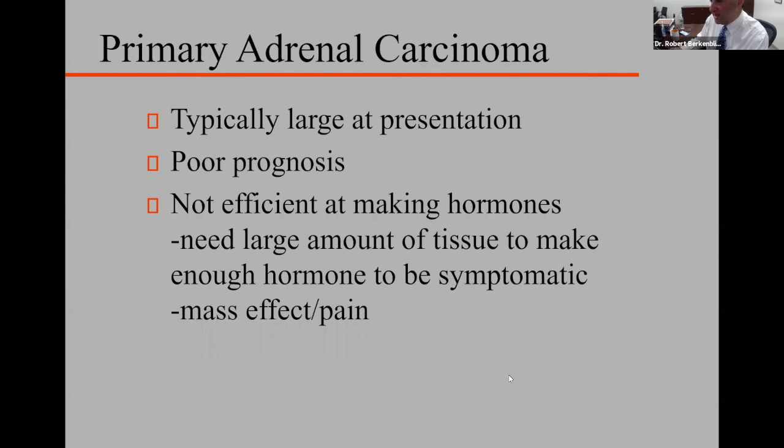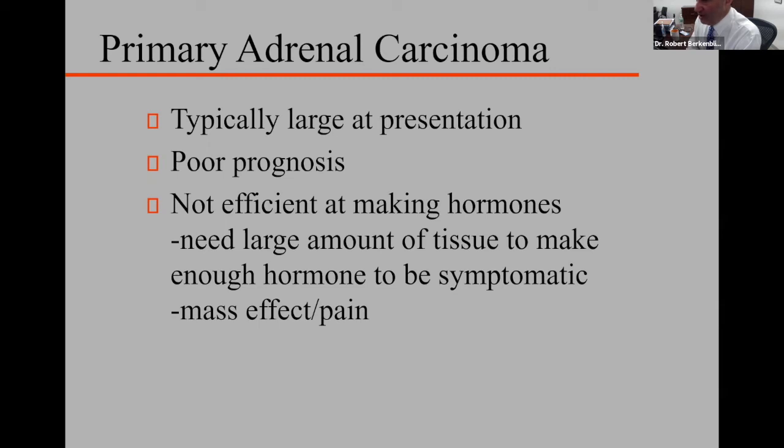And why is that the case? Well, they're not efficient at making hormone. They need a large amount of tissue to make enough hormone to be symptomatic. If you think back on that half-centimeter aldosteronoma or the 2-centimeter cortisol secreting adenoma, those presented clinically with hormone excess. They did not present because of the nodule causing mass effect or pain.